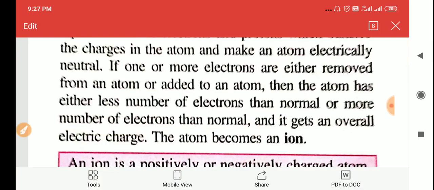So when an atom gains or loses an electron compared to its actual atomic number to attain stability, it will get either a positive charge or a negative charge.